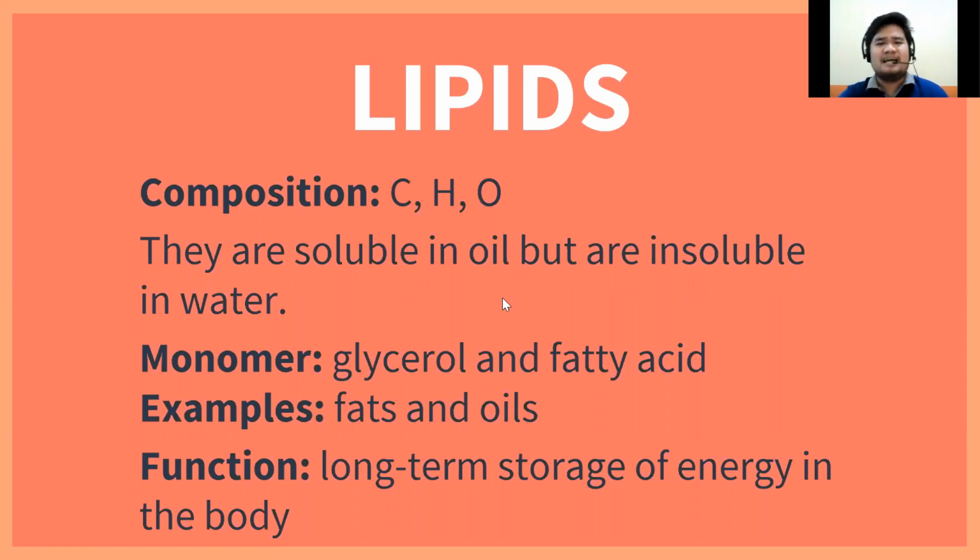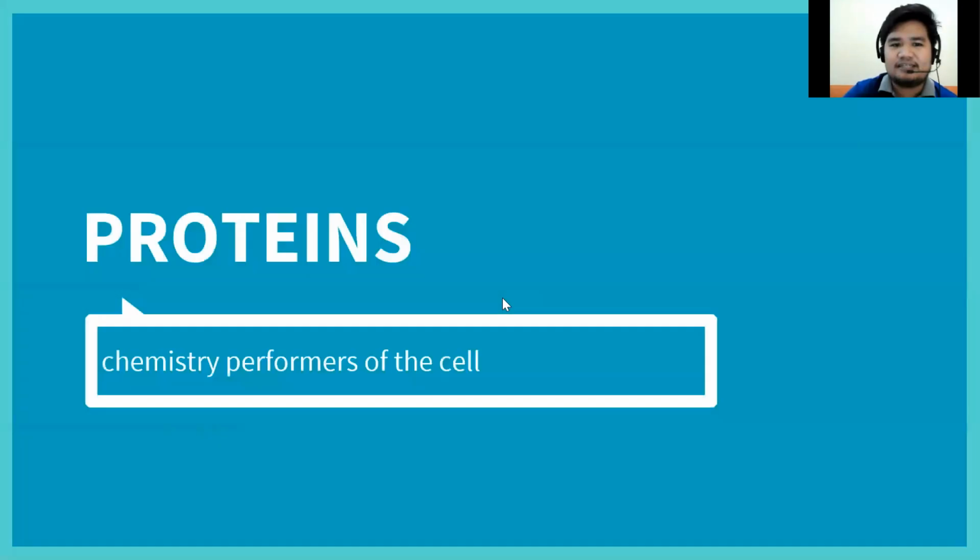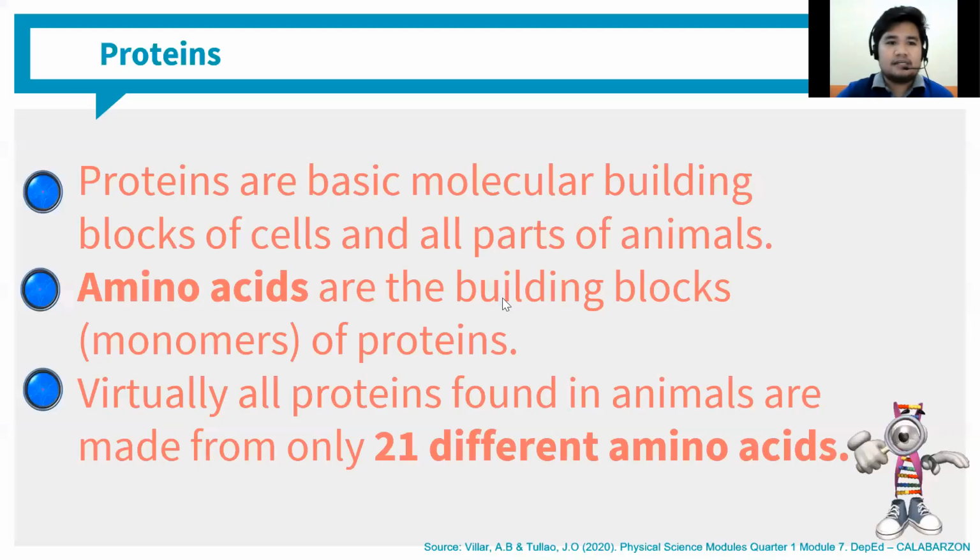Okay? So let's proceed to the third one, proteins. So proteins are the chemistry performers of the cell. Many scientists believe that proteins are the first macromolecules formed in the early eras of our planet. Okay? So proteins are basic molecular building blocks of cells and all parts of animals.